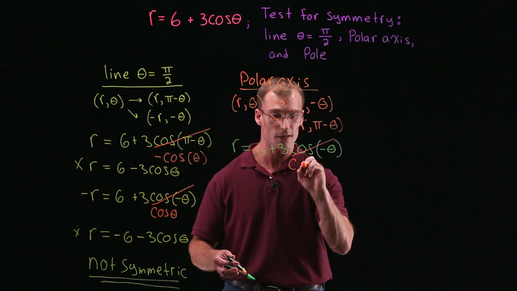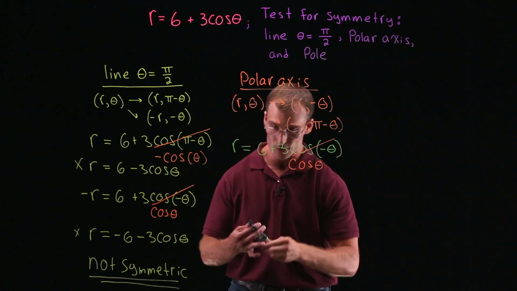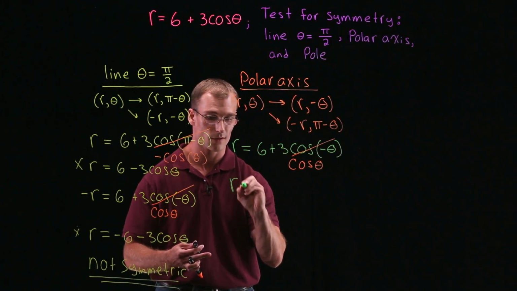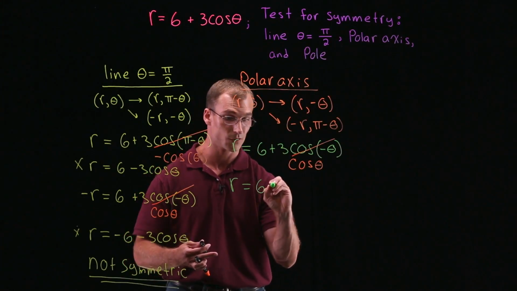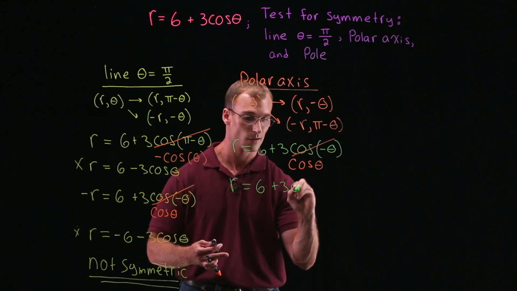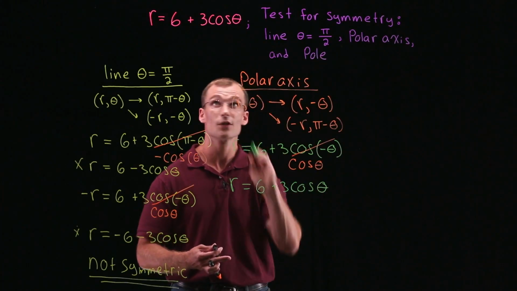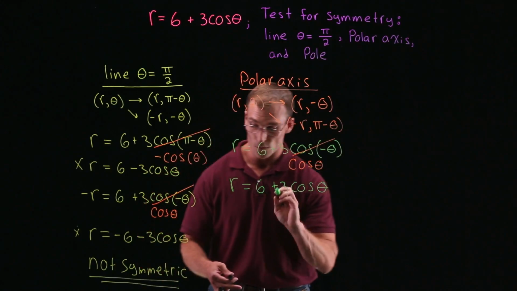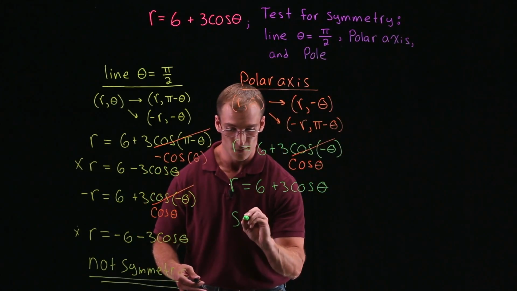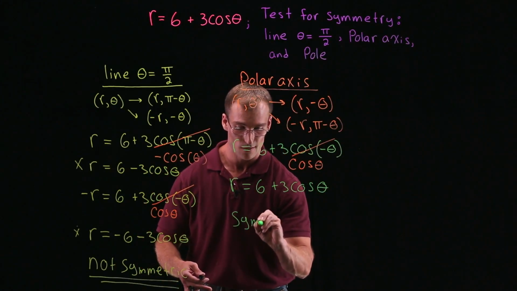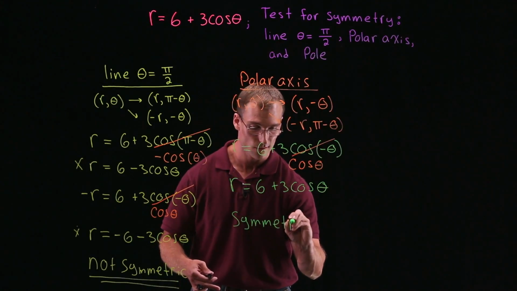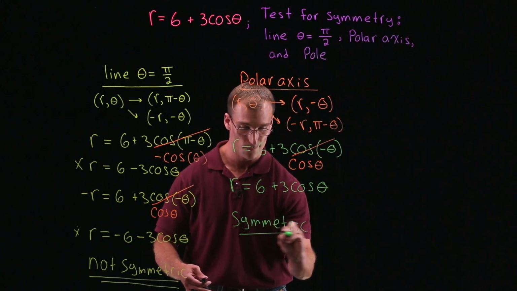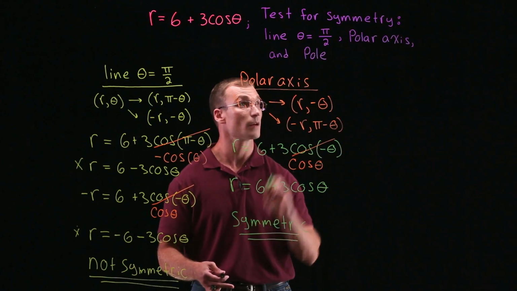So cosine of negative theta is just cosine of theta. That gives us r equals 6 plus 3 cosine theta, which is our original equation. So this tells us that the graph of the equation is symmetric with respect to the polar axis.